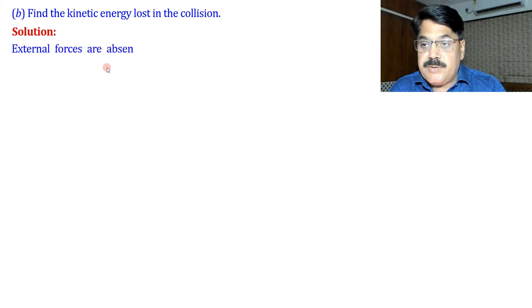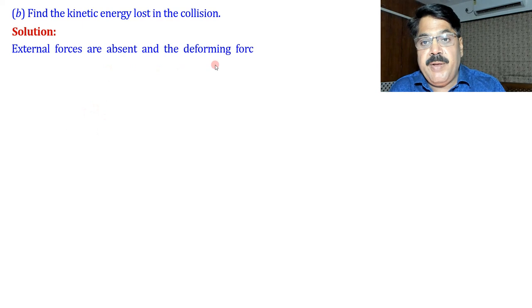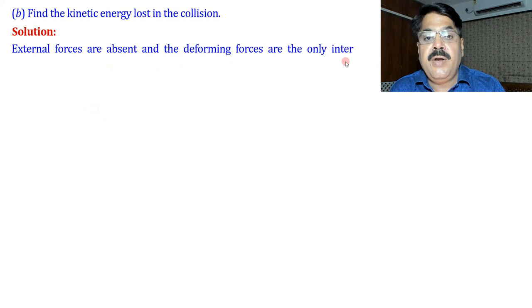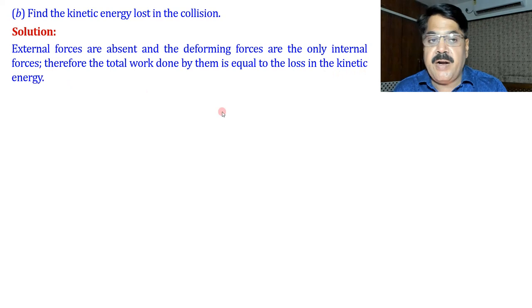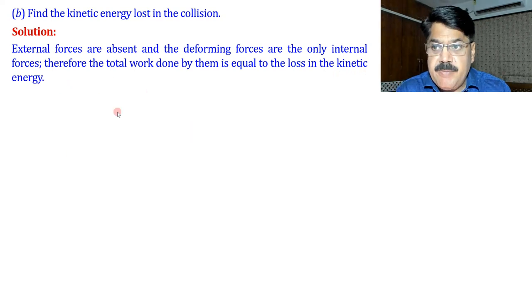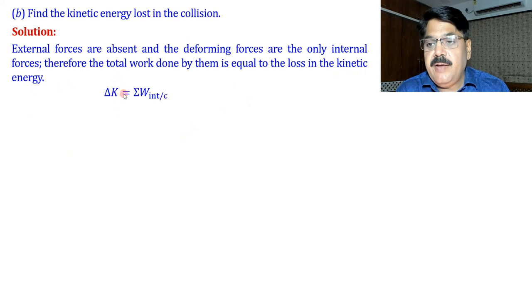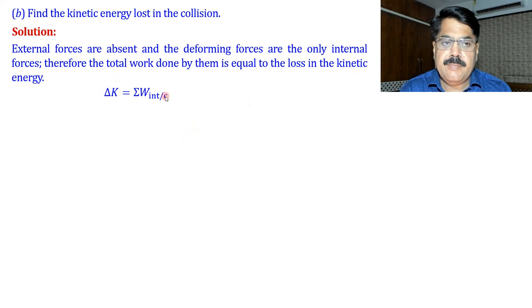External forces are absent and the deforming forces are the only internal forces. Therefore, the total work done by them is equal to the loss in kinetic energy. This is a very important idea. Let us express this mathematically. Summation delta K is equal to summation W internal conservative. Again, think here.